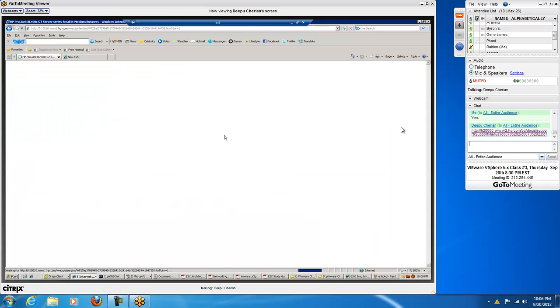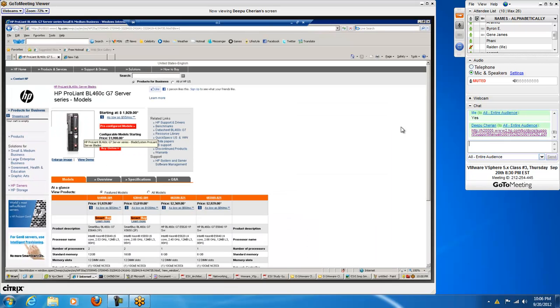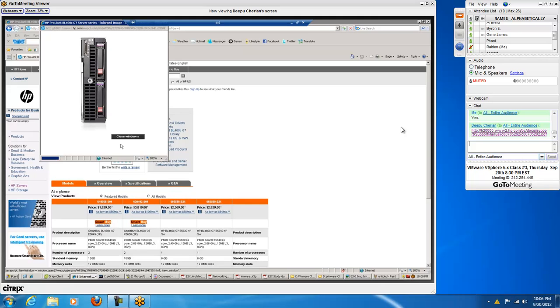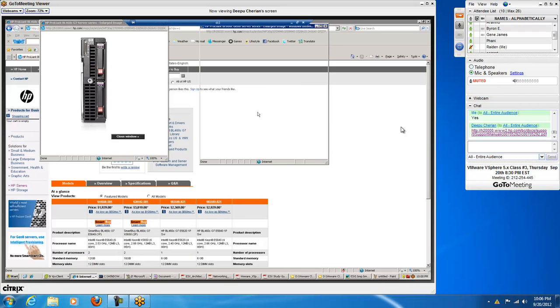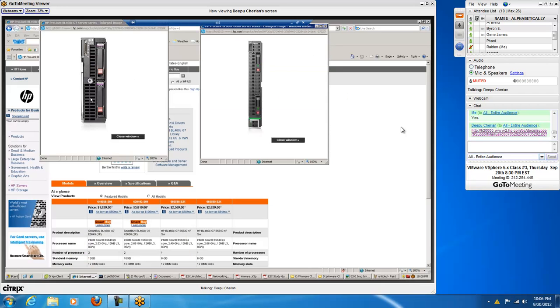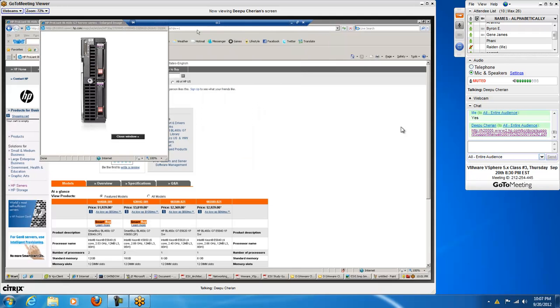These are all half-height blades. See, that is a half-height blade, and the one I showed you earlier was a full-height blade. See the difference? One is taller than the other. So if you are using these blades, you can put 16 of them in a chassis, and if you are using this, you can put only 8 of them.